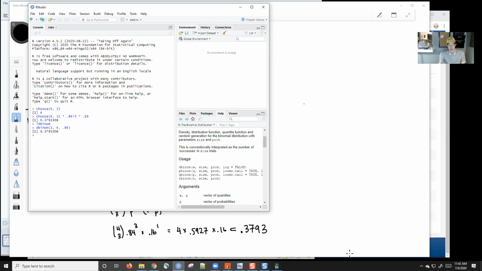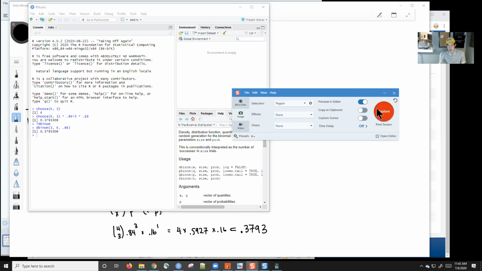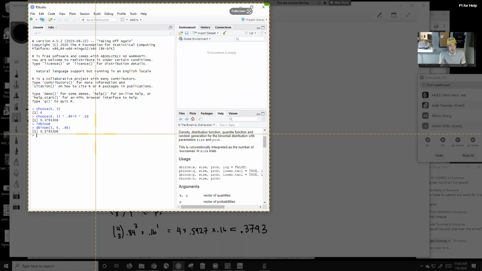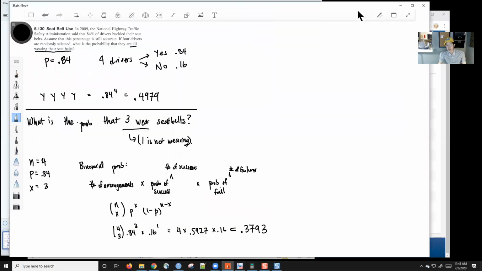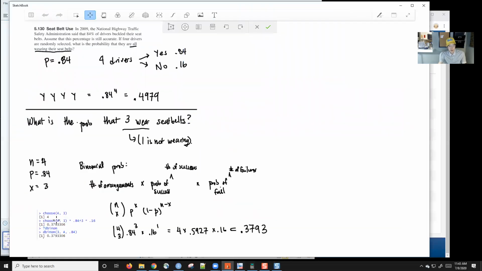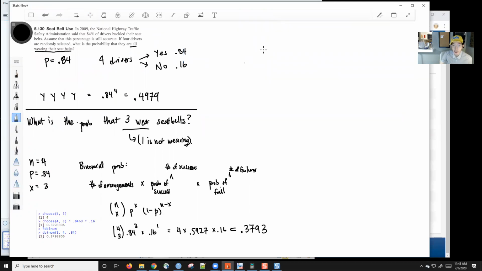Is that okay? These are all just ways you can do it. Same answers here. So if you want to, you are allowed to use R for this.